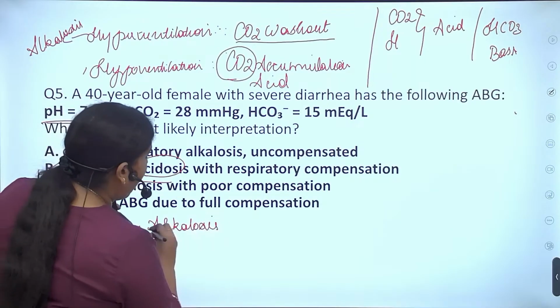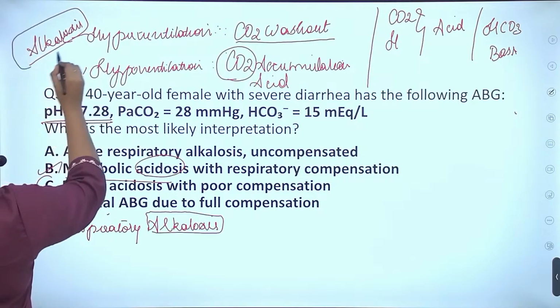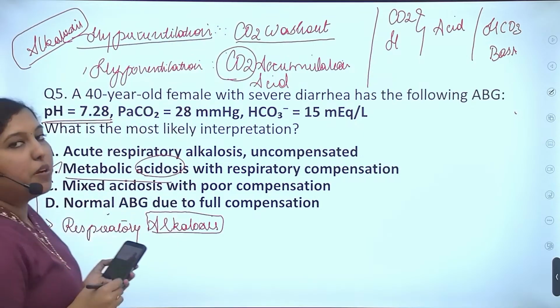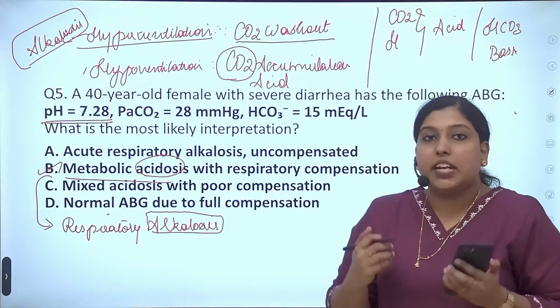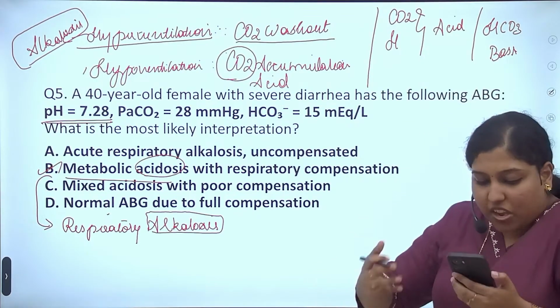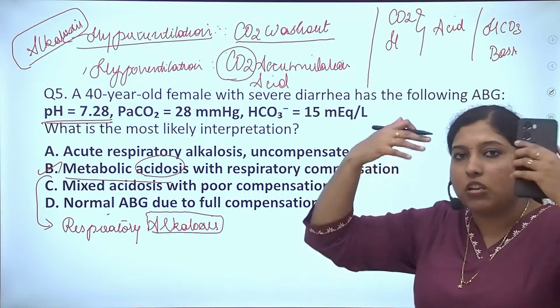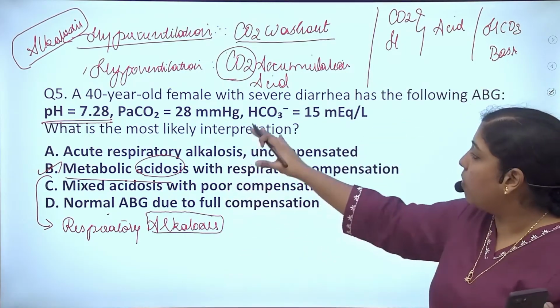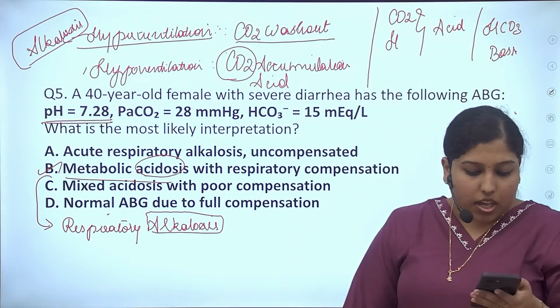In case of alkalosis, hyperventilation is happening, where the patient will be hyperventilating, washing out more CO2, and the acids are released from my body to recover me from this metabolic acidosis, right?